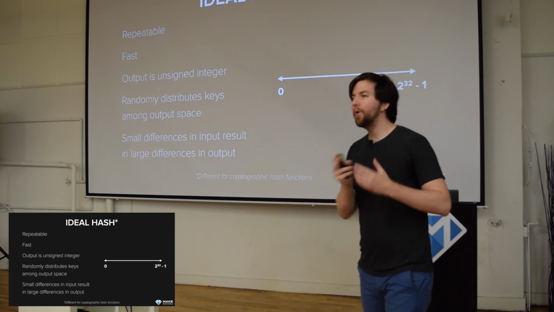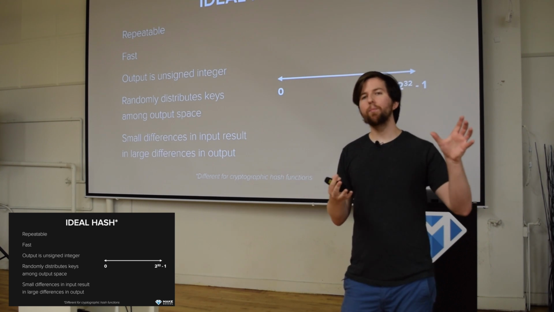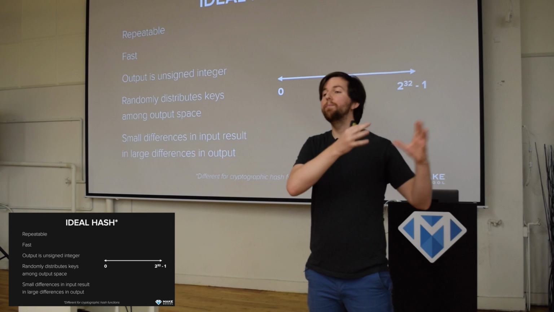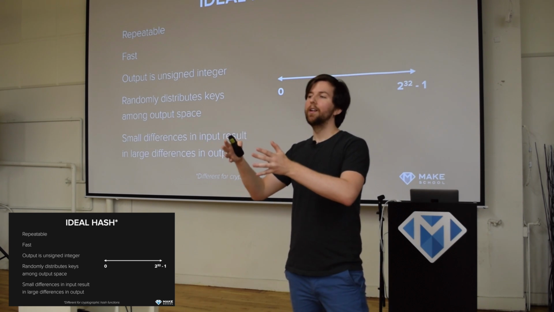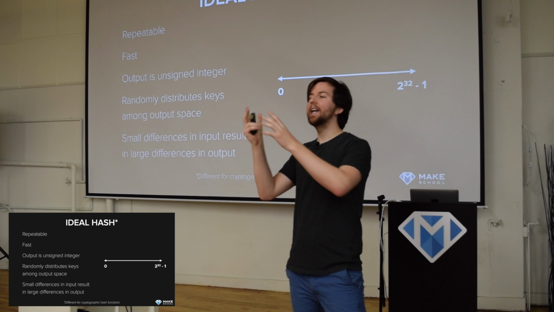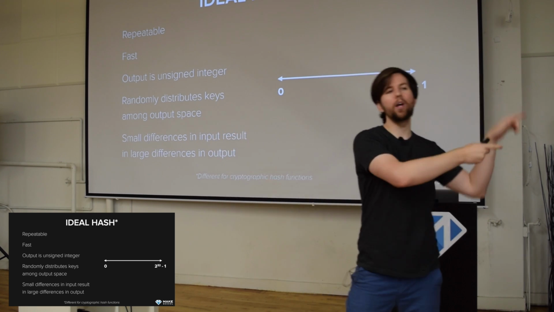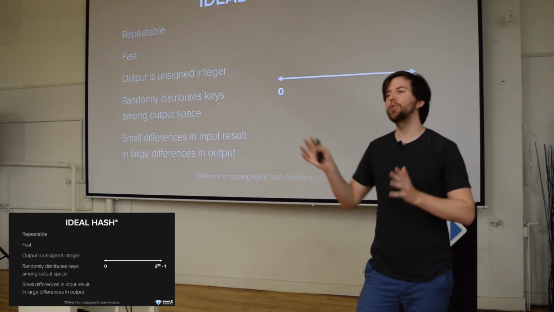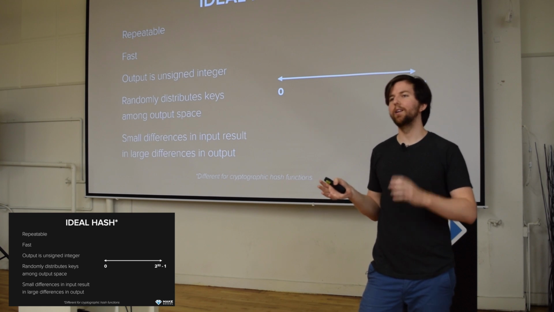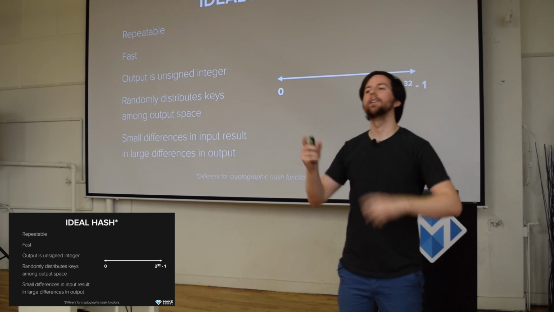So hashes are a one-way function. We can take any input and generate an output, but we cannot go the other way. We can't take some output number and regenerate what the input was. There's way too much data lost to ever be able to do that. So hash functions are one way.